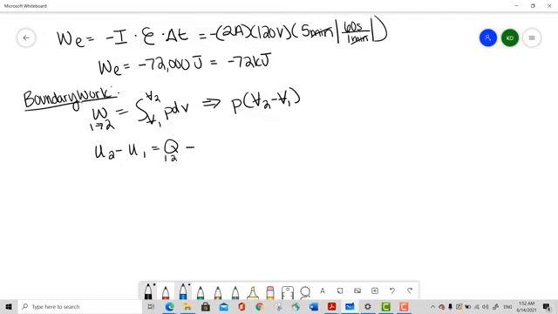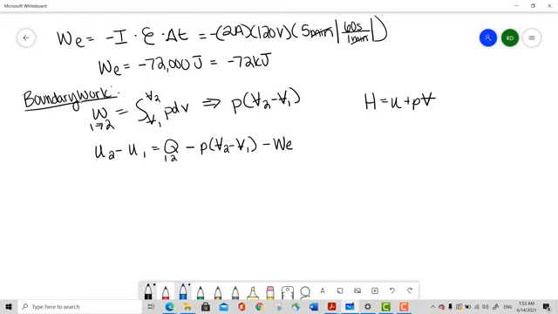This is where work 1 and 2 would go, but we're just going to drop that down. And then this is where that would go, even though we have that. And what do we know about H? So we know H equals U plus PV.